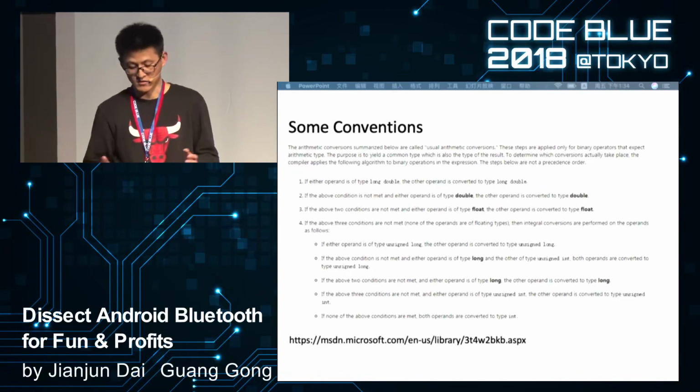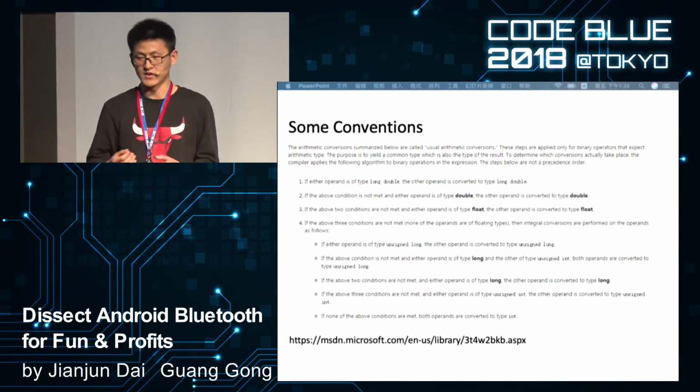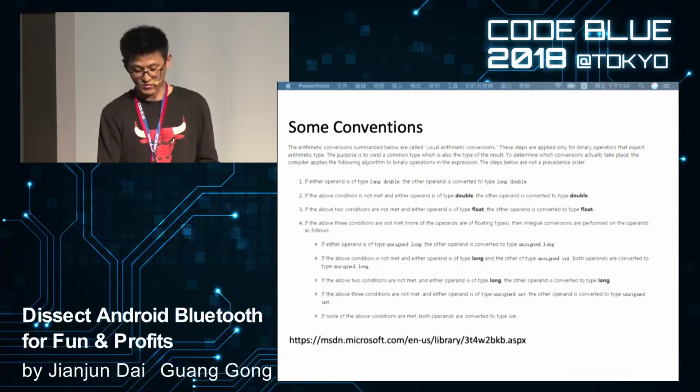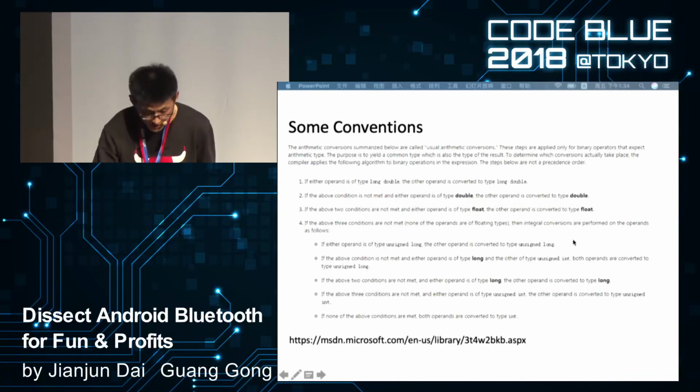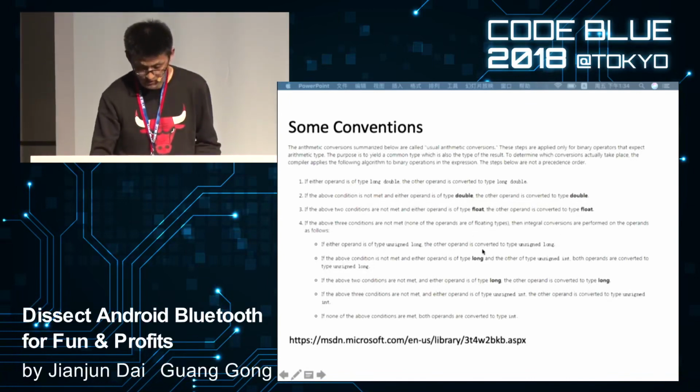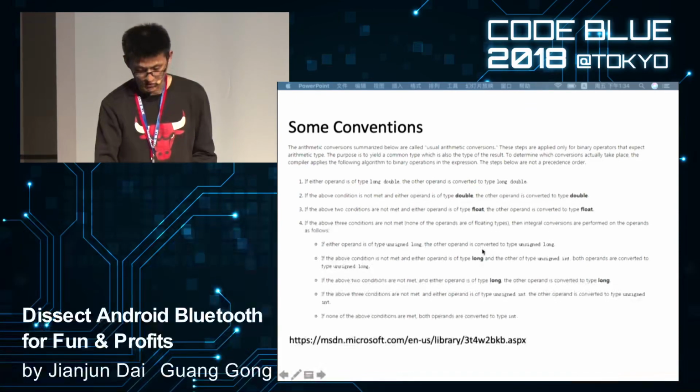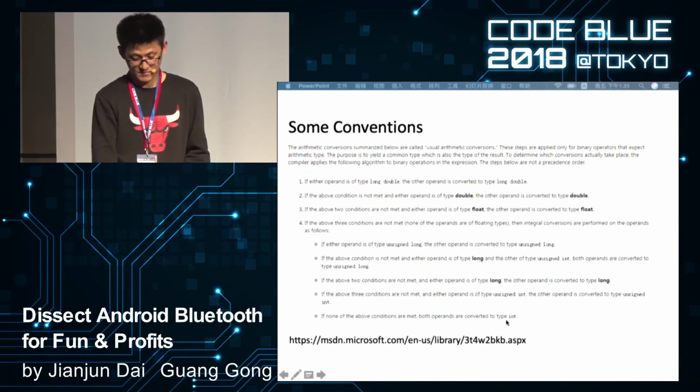Because of time, I won't go through every clause, just directly to the last one. If the operands are not double, not float, not unsigned long, and not long, the compiler converts them into int type.